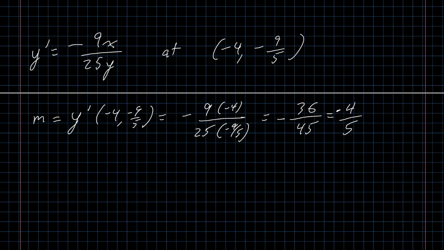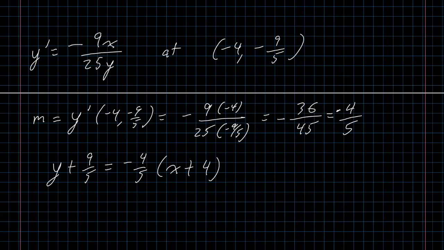From here, y minus the y coordinate, -9/5, minus a minus is plus, is equal to the slope, -4/5, times the quantity x minus the x coordinate, -4.